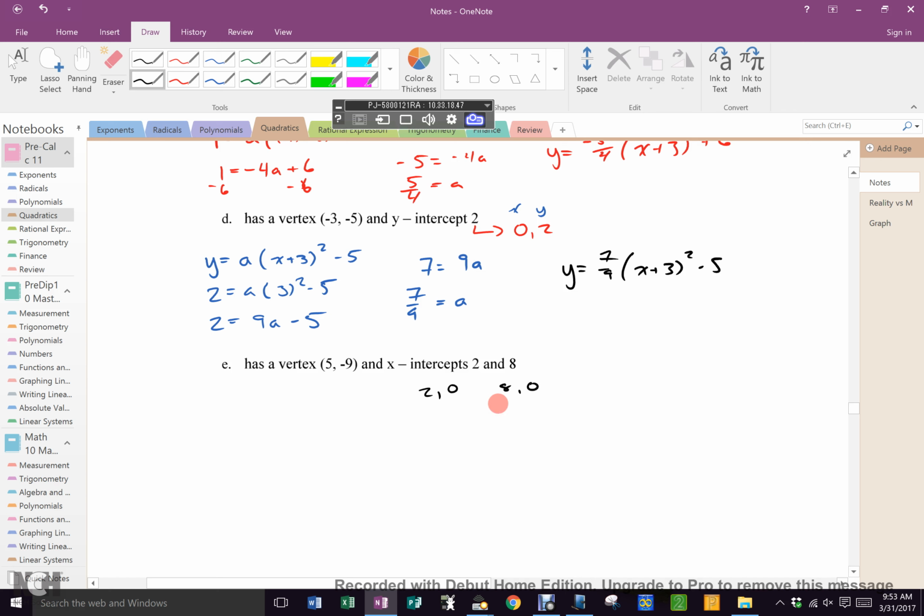So if I go 5 over to 8, how far is that? 3, which means how far up should I go? 9. Did I go over 3 up 9? So does this have a stretch factor? No. So this one is just y equals x minus 5 squared minus 9, because there's no stretch factor. Does everybody understand why?